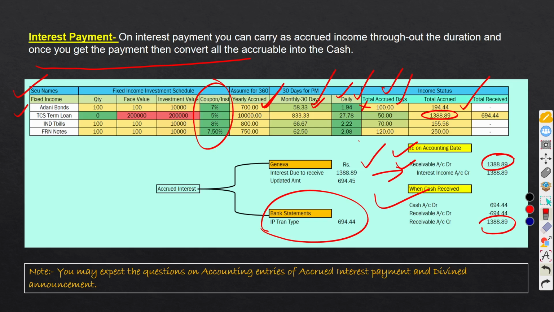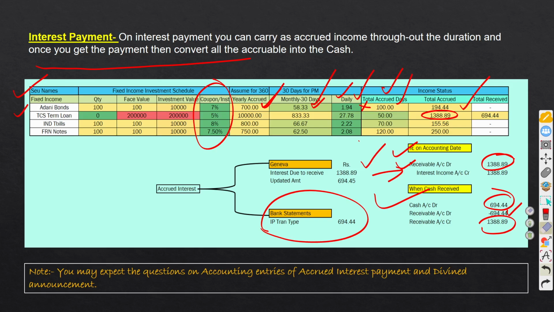But how much amount have we received? Only 694. So the assumption would be maybe for 50 days only the payment has been received, and still the amount remaining is 694.44. So that will be recorded on the debit side of the account. All right. So this is how your accounting works.